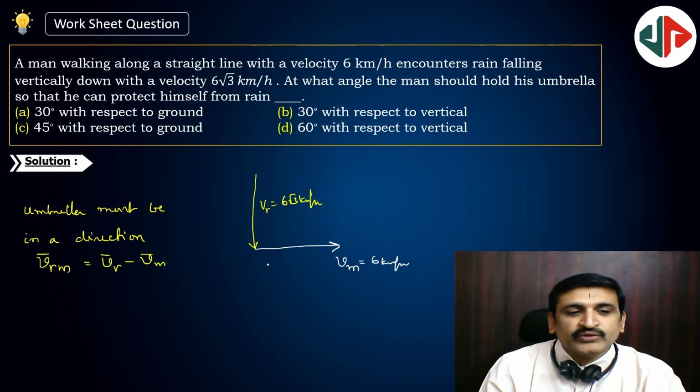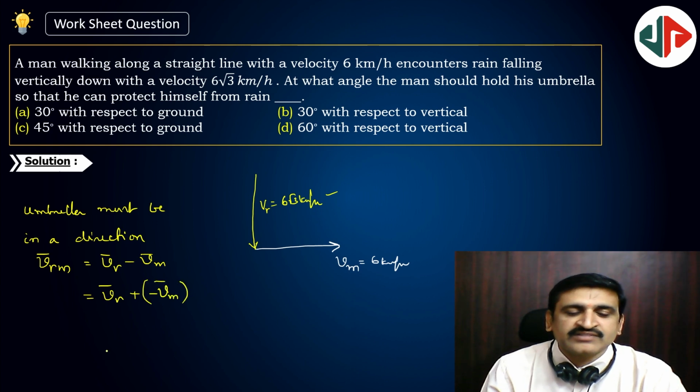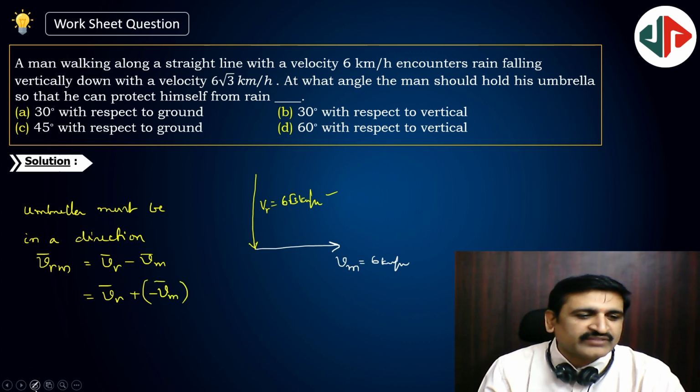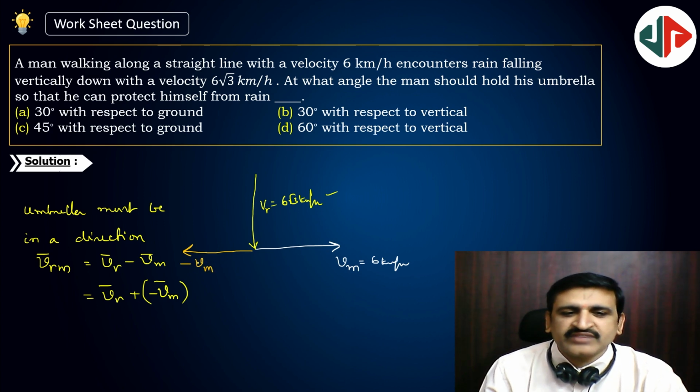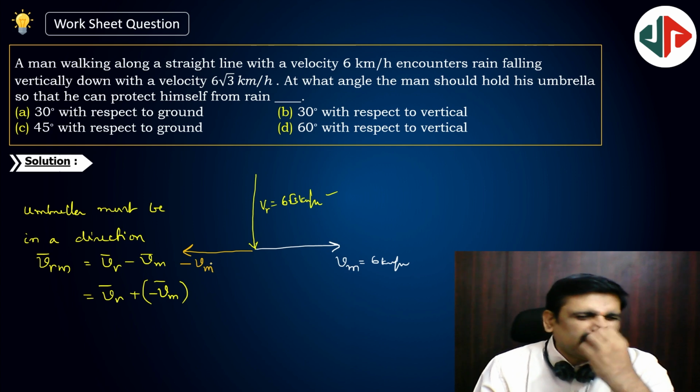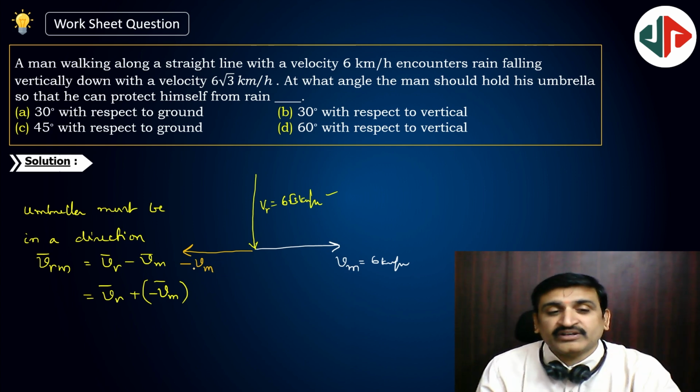Do you have VR? Yes, it is given. Do you have minus VM? No, so get minus VM, opposite to VM. The magnitude will be the same, only the direction is different.